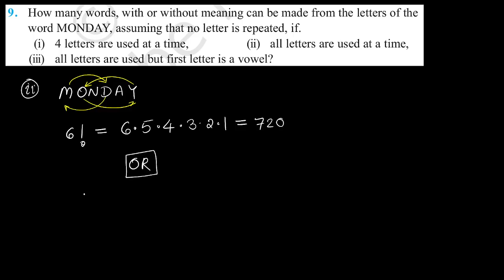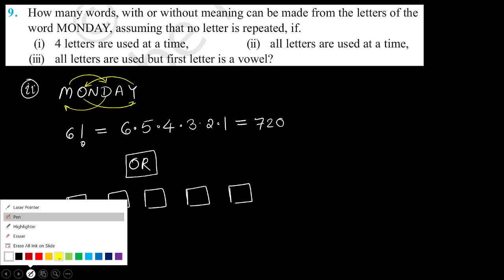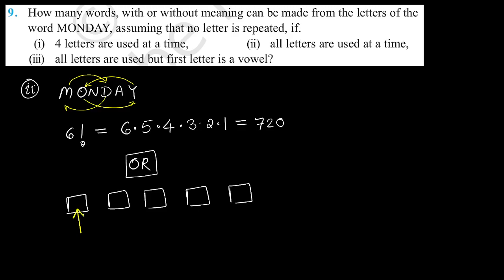Another way is, I want a 6-letter word. All the letters to be used means I want a 6-letter word, right? Using the letters Monday, so a 6-letter word to be formed without any repetition. This can be filled in 6 ways. Monday, 6 letters are available.